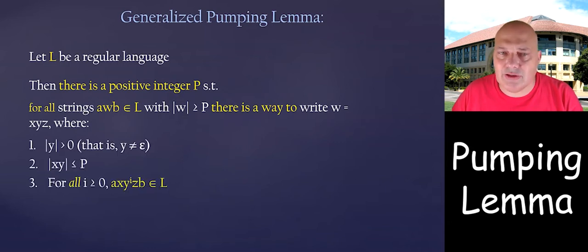So y is non-empty, the length of xy is at most p, and a x y^i z b is in L. The only thing that it says is that we don't necessarily need to pump the beginning of the string, the prefix. We can, for example, decide that we want to pump the suffix of a string or some area in the middle, as long as we are pumping a substring that is long enough, that its length is at least p.